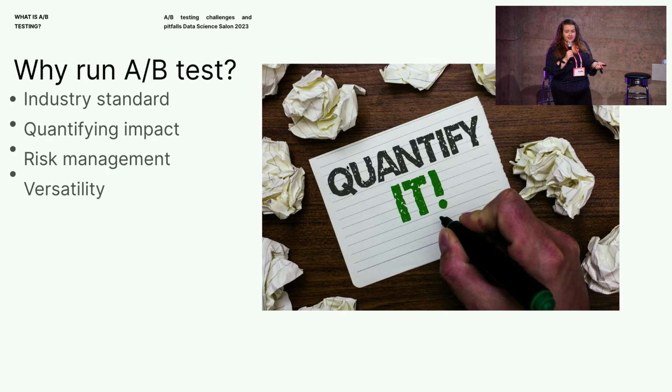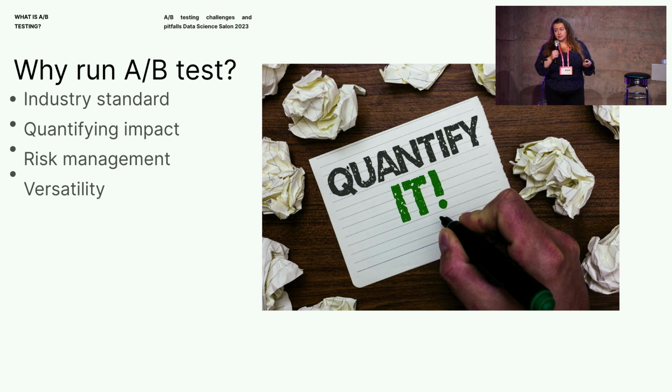So why would you run an A/B test? Well, it's an industry standard. It's the gold standard for proving causality. You can quantify the impact of the changes you make on the business metrics very easily using an A/B test. You can also manage risk. For example, when you are rolling out a change that you are not sure your users will like, or you need to do it for compliance reasons, this will help you quantify any negative impact that may happen.